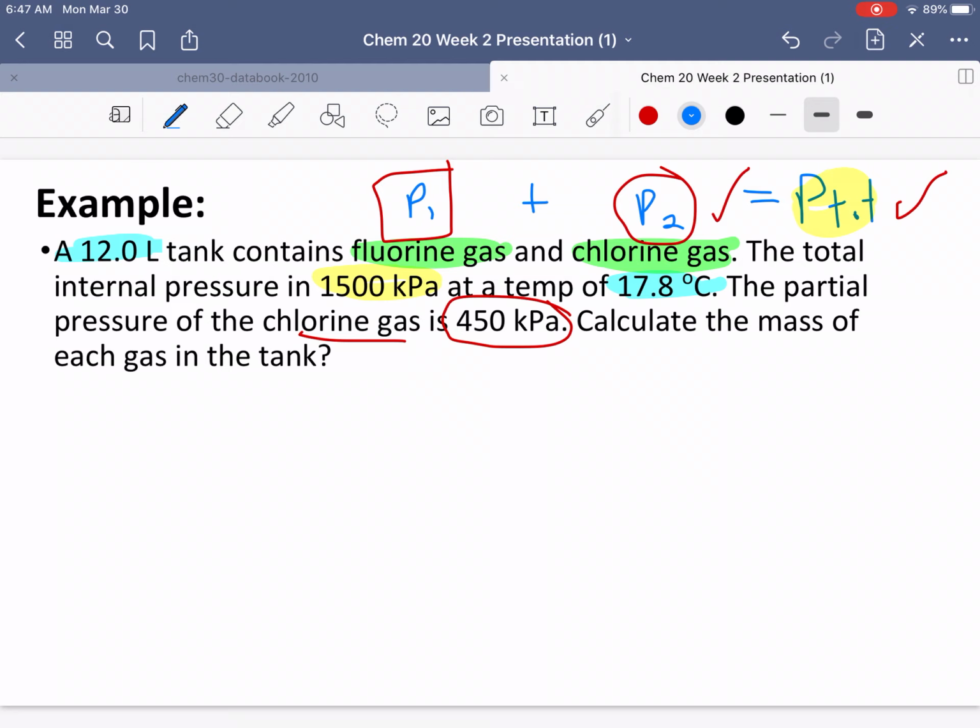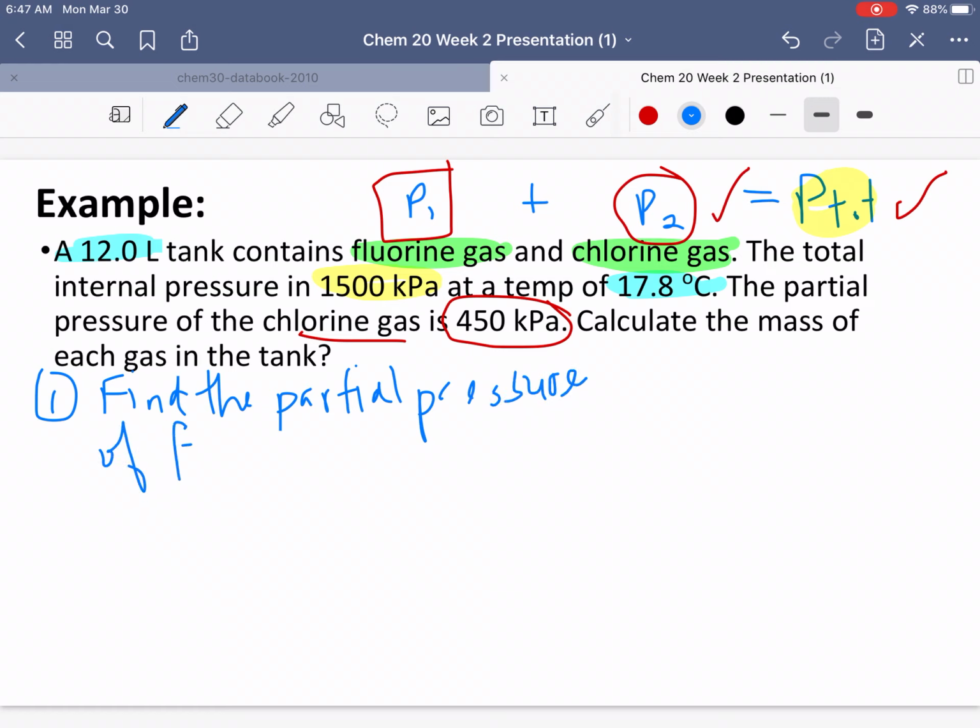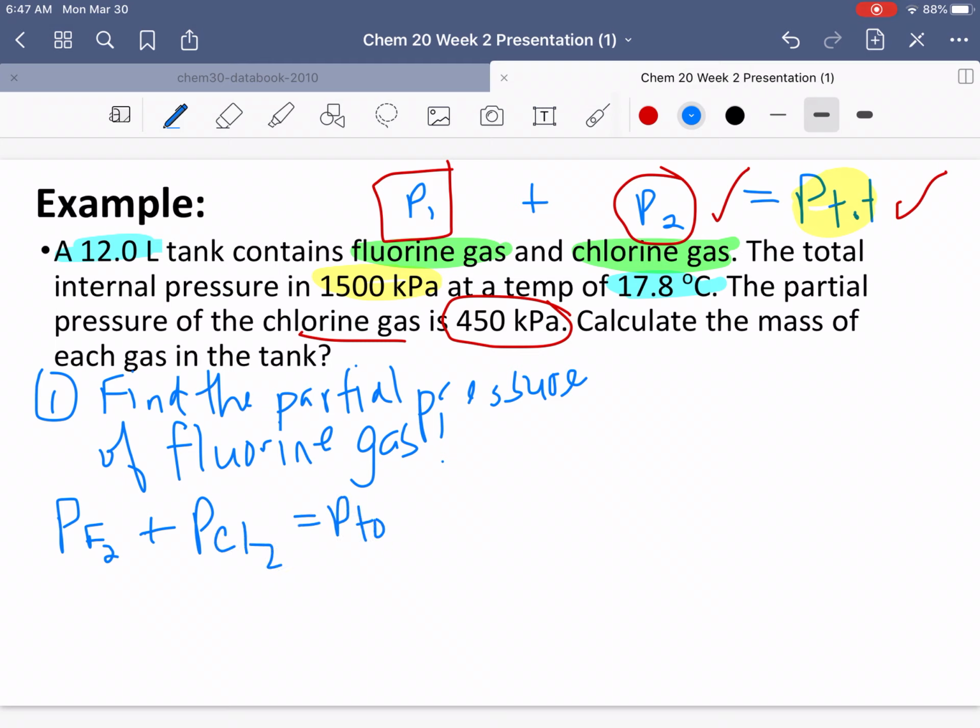And honestly, that's your first step here, is you need to find the partial pressure of the fluorine gas. So hint in terms of how to do that. If pressure of fluorine is what we don't know, that's going to be added to the pressure of chlorine, which we do know, which will equal the total pressure.